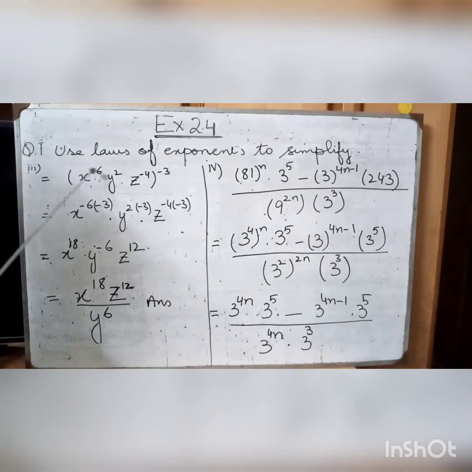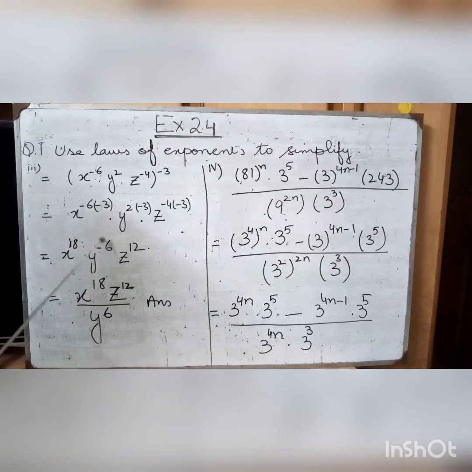So x raised to power minus 6, y raised to power 2, z raised to power minus 4, with exponent minus 3. Then x raised to power minus 6 into minus 3, y raised to power 2 into minus 3, z raised to power minus 4 into minus 3, after using the laws of indices. After simplification, we have x raised to power 18, y raised to power minus 6, z raised to power 12.